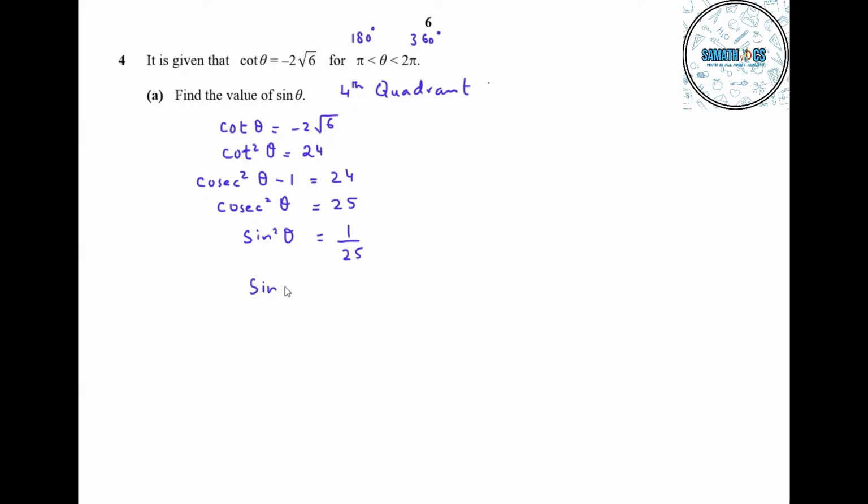So sine theta will be equal to square root of 1 upon 25, so sine theta is equal to plus minus 1 upon 5. As we have to take the value in the fourth quadrant, the final answer is minus 1 upon 5, because in the fourth quadrant the value of sine theta is negative.